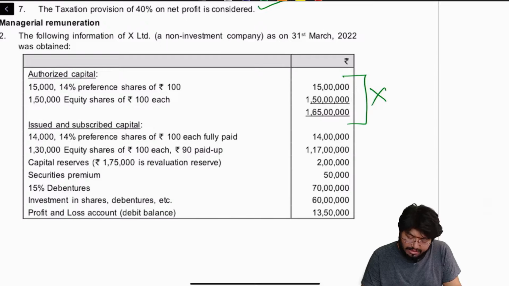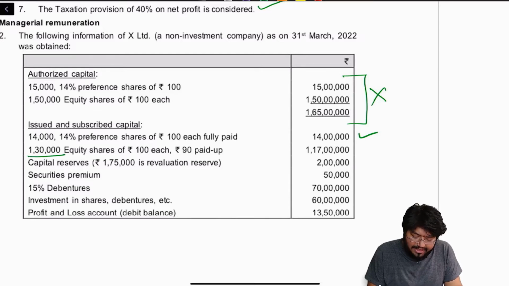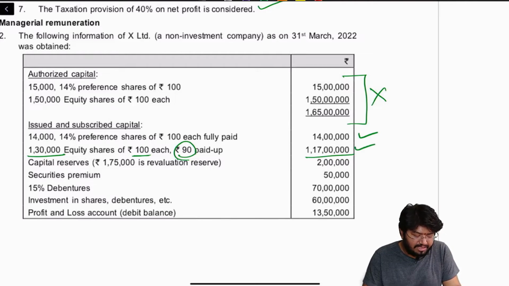Paid up. Only paid up would be taken. So with respect to 14 lakhs, can I consider? Yes. With respect to equity, 1 lakh 30 into 100 rupees, it's supposed to be 1 crore 30 lakhs. But I collected only rupees 90 per share. So that's the reason why I have only 1 crore 17 lakhs. So only 1 crore 17 lakhs would be considered. Do you agree with me?